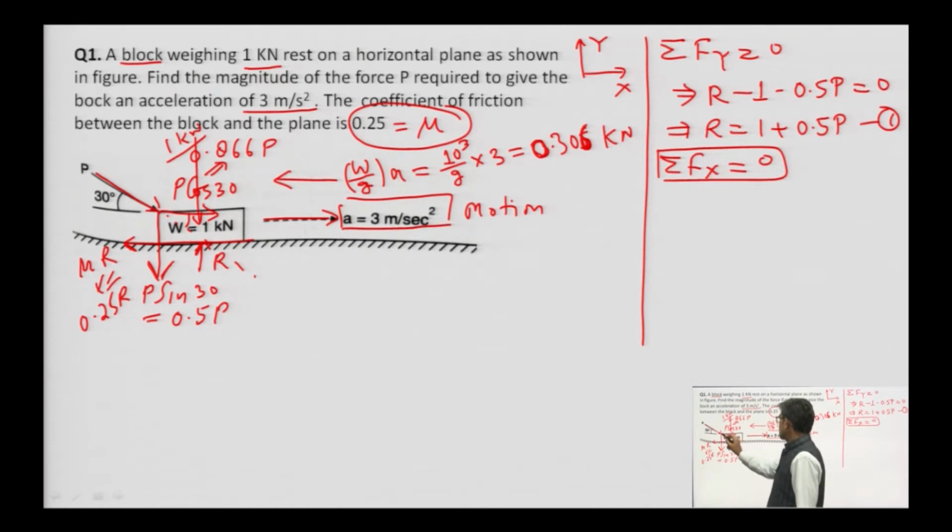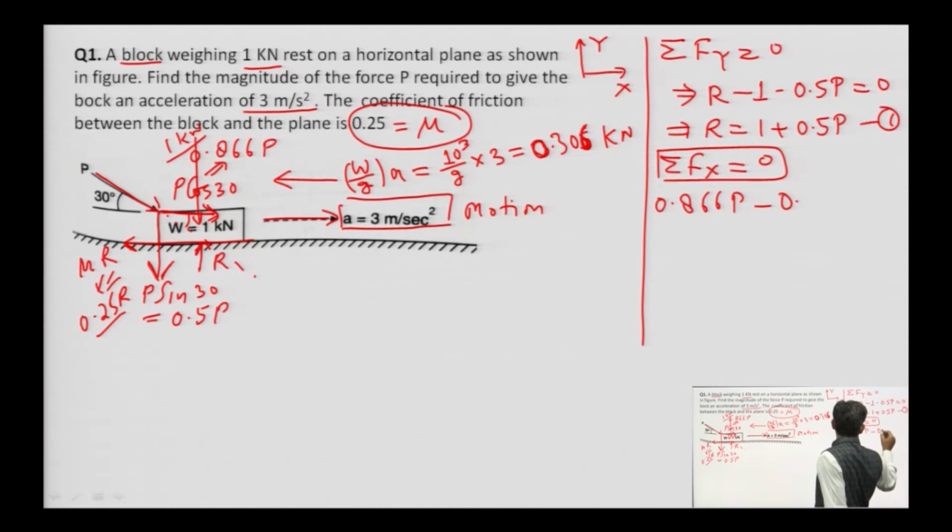The first force is this component, 0.866 P. Another horizontal force is the friction force, acting in the opposite direction, so it is minus 0.25 R. We have calculated R in terms of P.